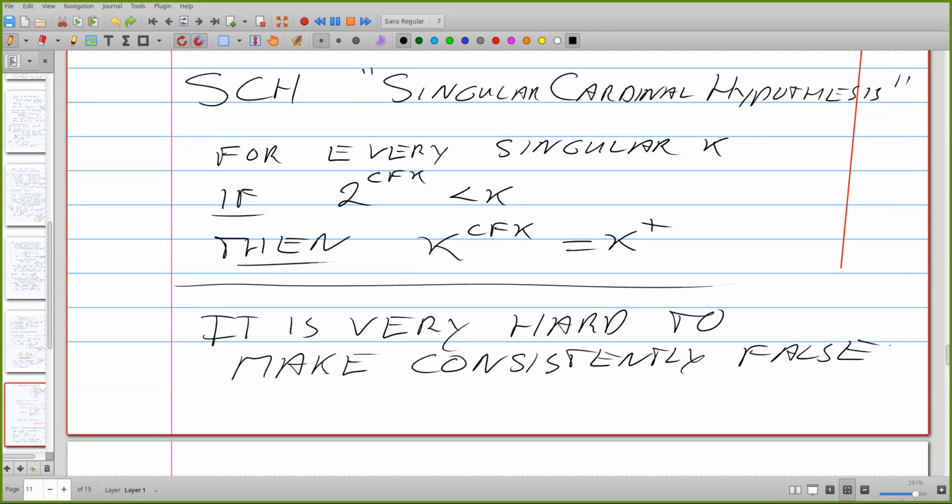It is not provable from ZFC, but proving that it is not provable from ZFC is very, very hard. It needs large cardinals, some of the stuff that we did last year, but not going to do this year. Its negation would be a very strong thing.